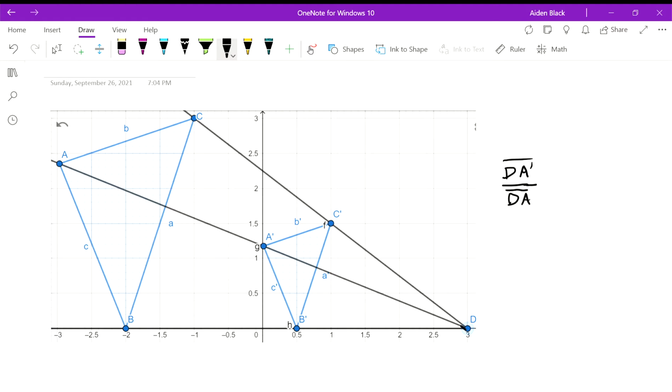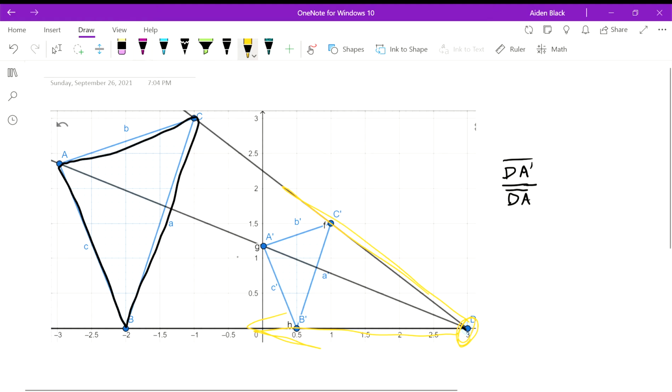So notice that our triangle ABC is actually the big one. And this is kind of confusing because when we first started talking about this, our center of dilation was like a flashlight, and our image was the shadow, this one right here.